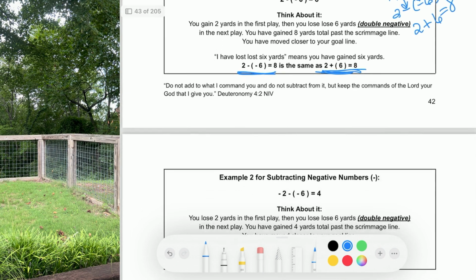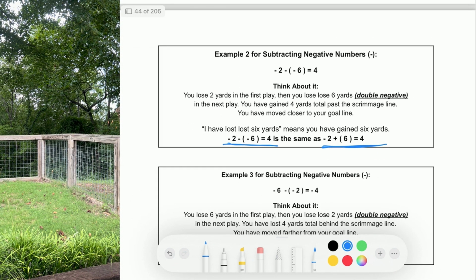Well, what about this one? Negative 2 minus negative 6. Keep, change, change. Keep the negative 2, change the subtraction to plus, change that negative 6 to positive 6, and we end up with 4. And we do in fact have the same problems.